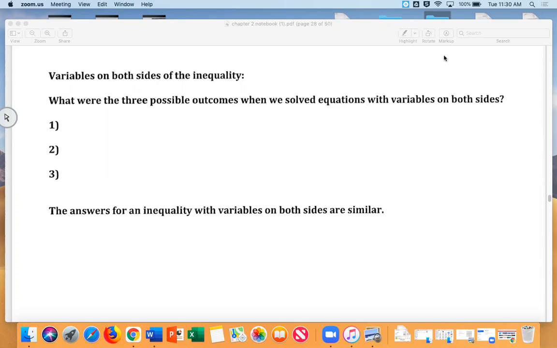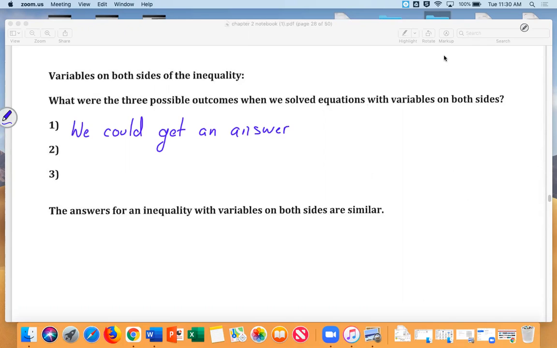So, Grace, when we have variables on both sides, funny things happen. And by funny things happen, I mean we could get an answer. So in this case, what were the three possible outcomes? Well, we could get an answer. And what do I mean by this?